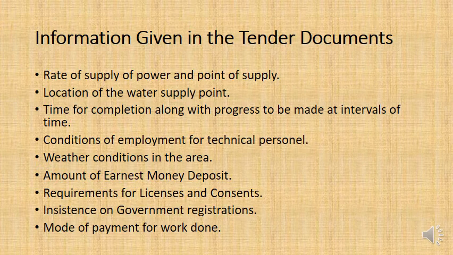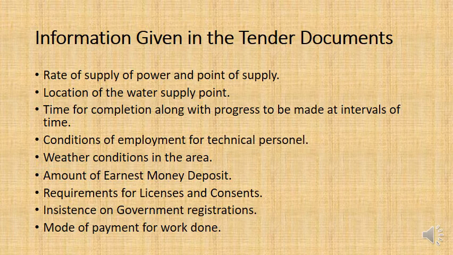And that expiry date for the tender should align with when the engineer, the buyer, wants to carry out that part of the project. He wants to award the contract. Now, the rate of supply of power and the point of supply, if there's an electricity point on the site where you can use electricity or fuel or gas or whatever, you've got to make the contractor aware of that, and also what is the level of electricity supply and so on.